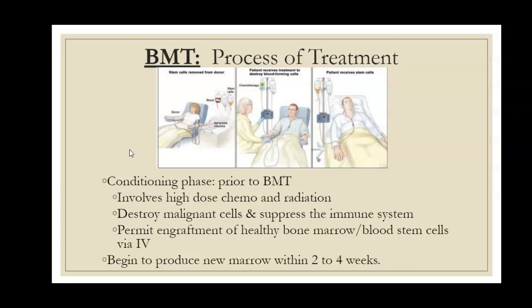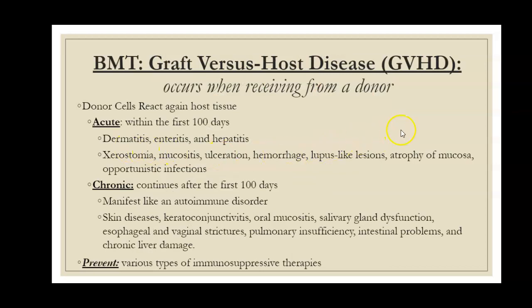Let's see. So once they have done the transplant, once they've conditioned the body, suppress the immune system to try and take the graft, then the body can start producing new marrow within 2 to 4 weeks. With bone marrow transplant, there's something called graft versus host disease, GVHD, and this occurs when receiving from a donor.